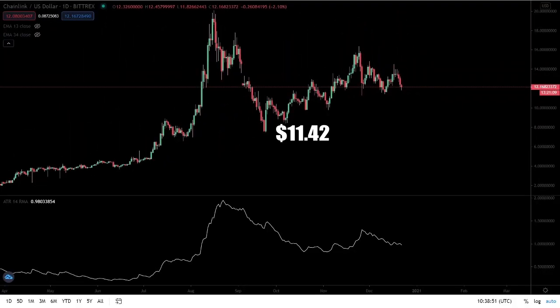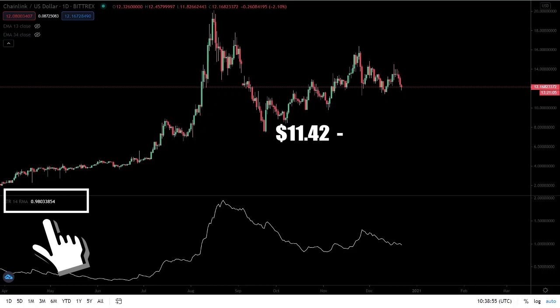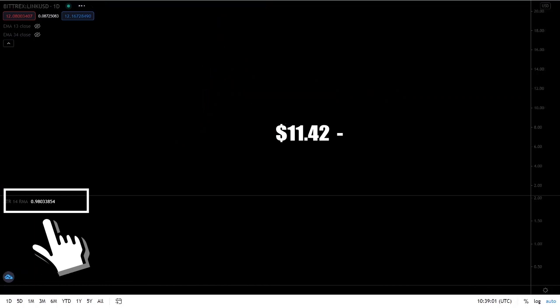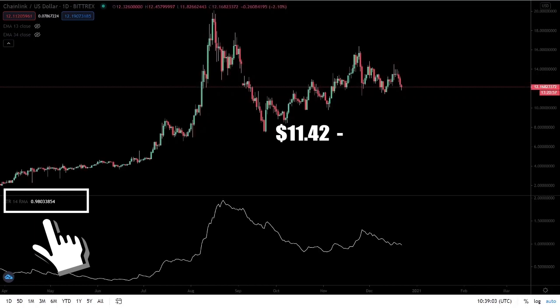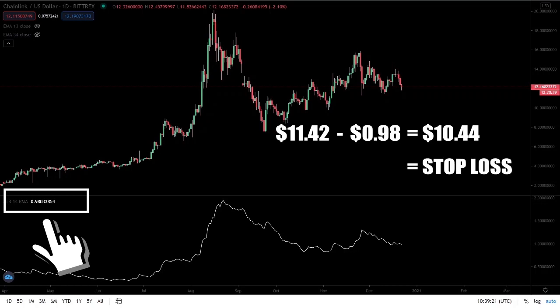So we're going to take a note: $11.42 minus the value given by the ATR, which is equal to 98 cents. So 11.42 minus 98 cents equals $10.44. The value found represents the price where we are going to set our stop loss.